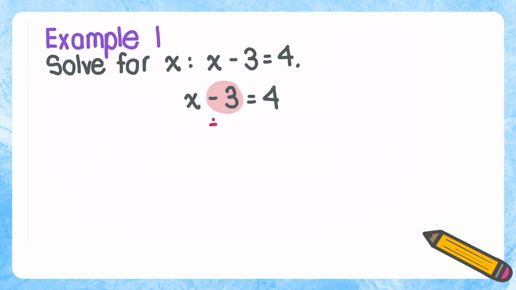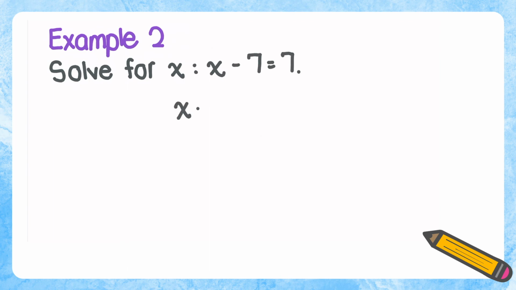So we're going to add 3 on both sides, since we're doing inverse operations on both sides of the equation. So now we can cancel out the minus 3 and the plus 3. So we're left with x equals 7, because 4 plus 3 equals 7. So x equals 7.